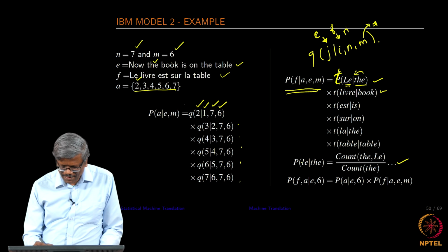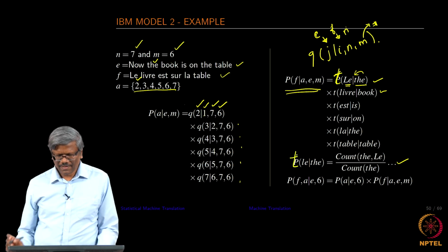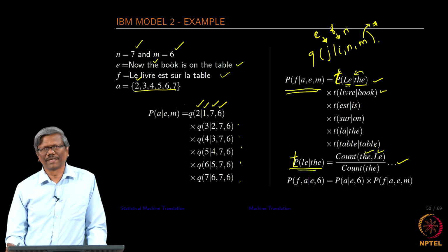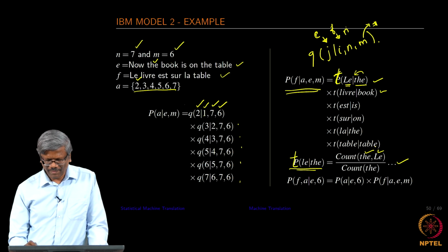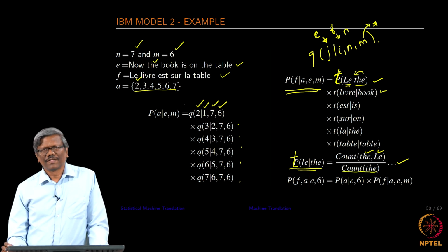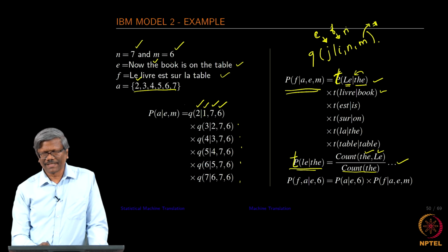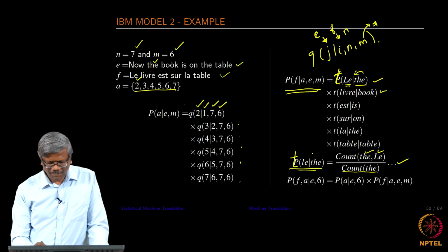So, this again is, if you want to get this one, the number of times le and the are aligned together, okay, and then you divide by the number of times the appeared in the entire corpus. Okay, so, when you do that you get the translation probability for le given the.